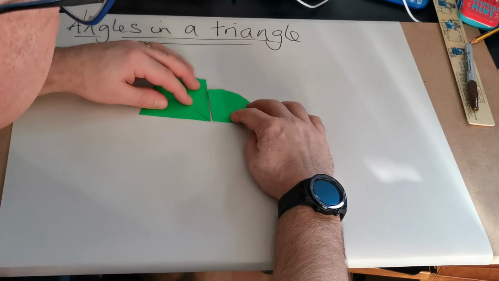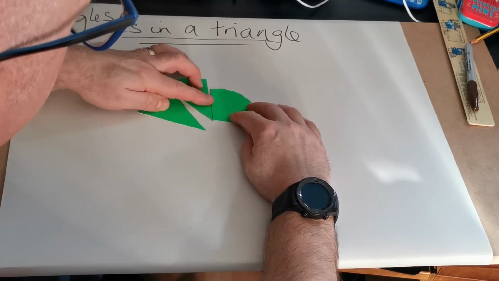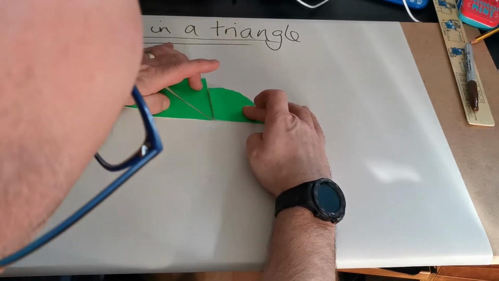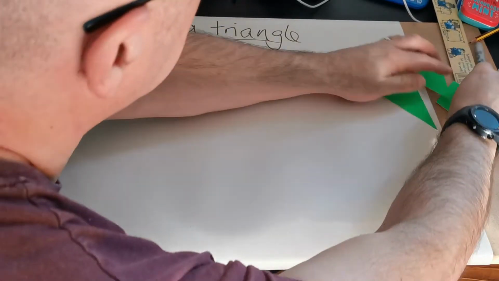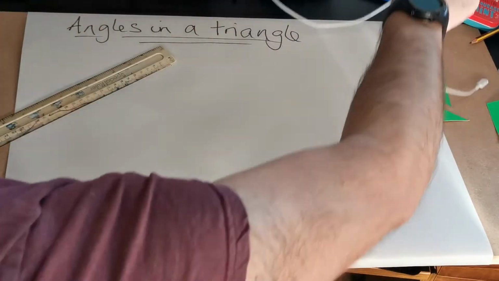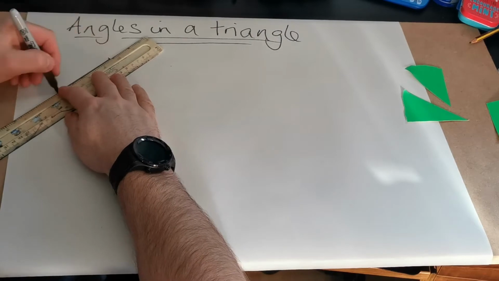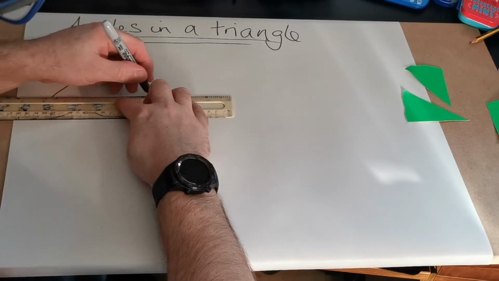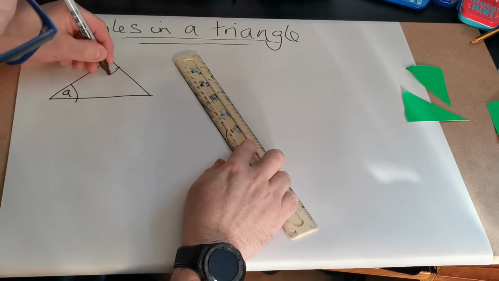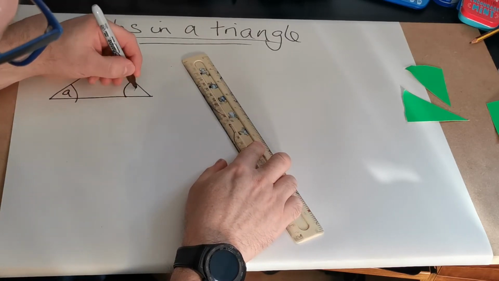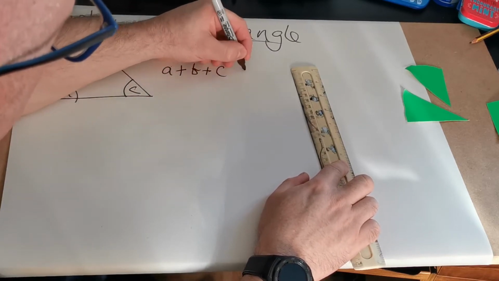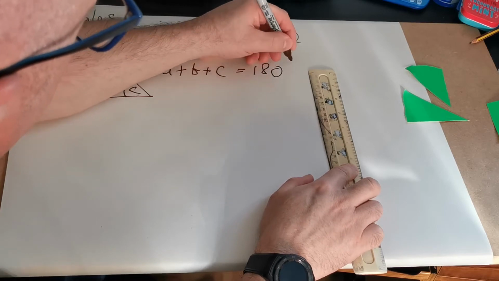So from work that we've done on angles before, that would suggest to me that they add up to 180 degrees, because we know 180 degrees makes a straight line. So just having a quick summary of that. If I have angles A, B and C, then A plus B plus C was 180 degrees.